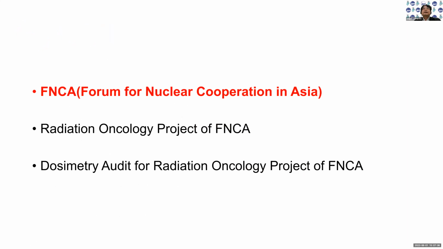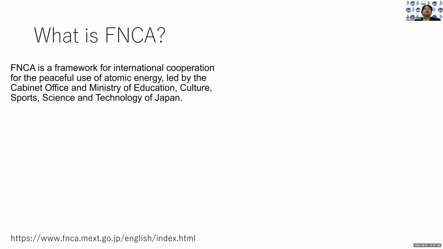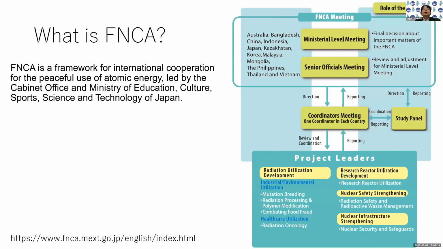What is FNCA? FNCA is a framework for international cooperation for the peaceful use of atomic energy led by the Cabinet Office and the Ministry of Education, Culture, Sports, Science, and Technology of Japan.